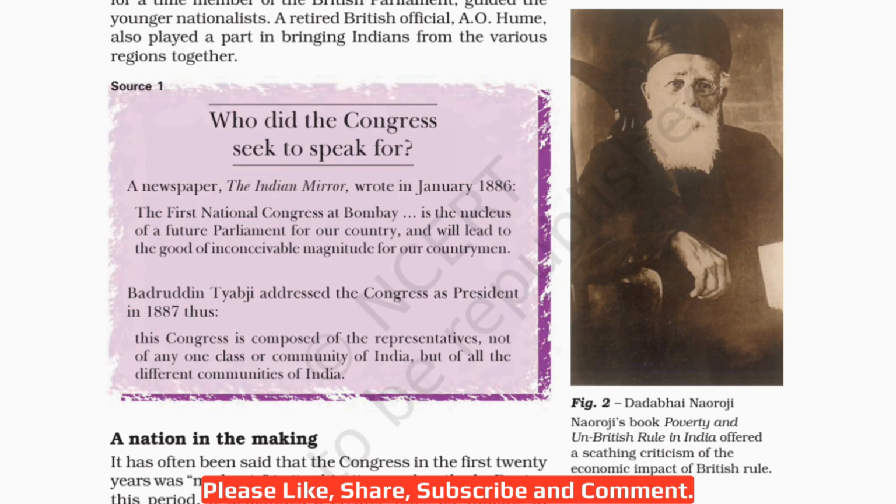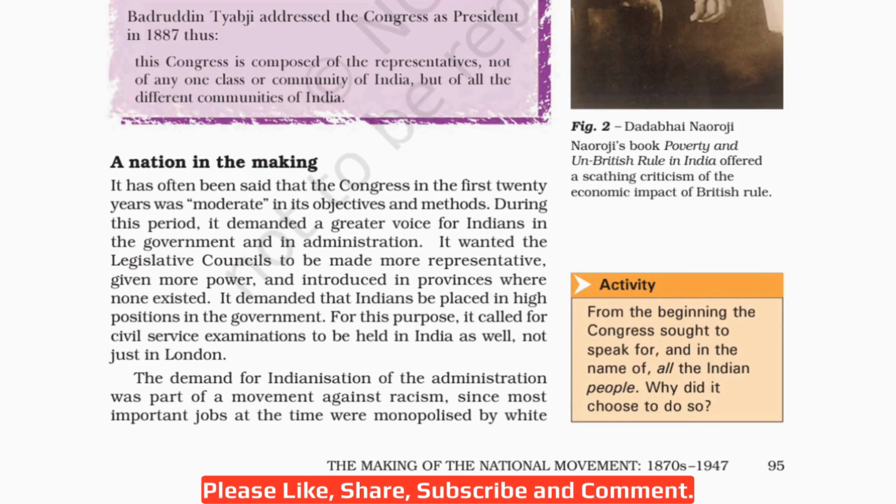This is Dadabhai Naoroji. Naoroji's book Poverty and Un-British Rule in India offered a scathing criticism of the economic impact of British rule. Now, a nation in the making. It has often been said that the Congress in the first 20 years was moderate in its objectives and methods.